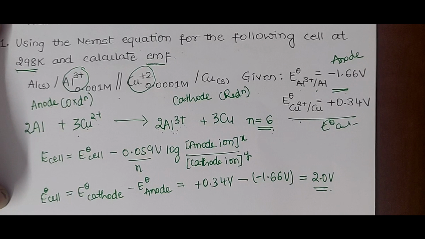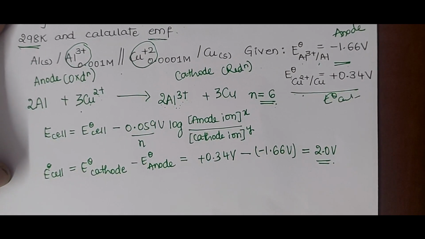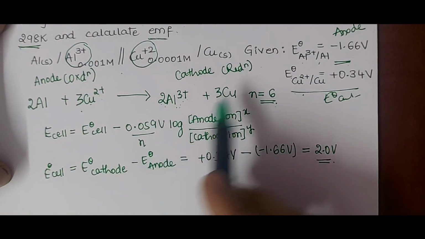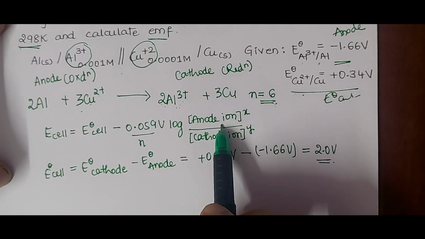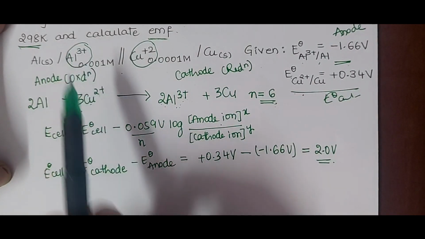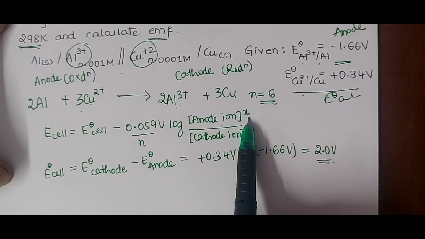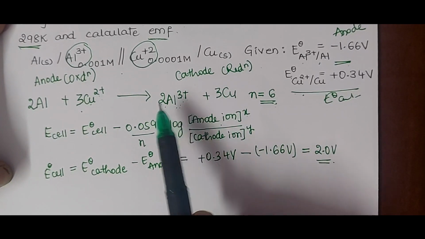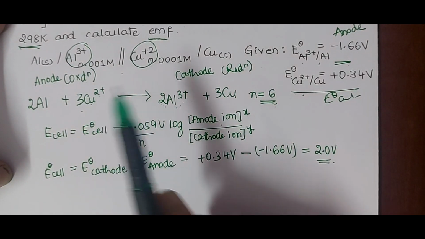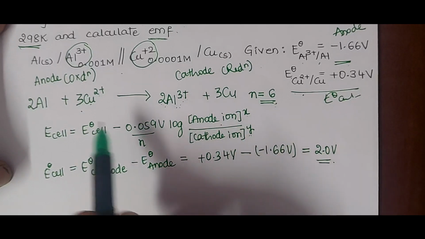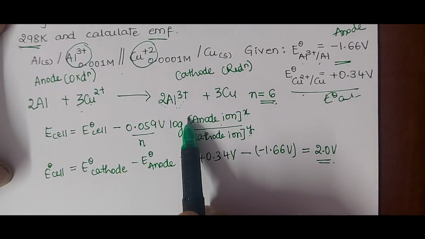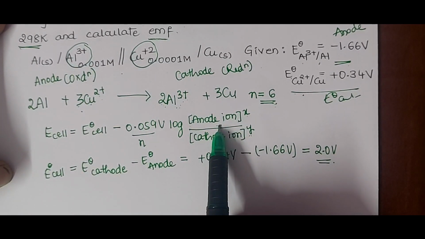Now next we will go with the next term. E naught cell we have calculated, and n we have already calculated as 6. Anode ion we know is Al3+. X value, how many moles of anode ion are there? 2 moles. Cathode ion is Cu2+, how many moles are there? Y is equal to 3. Now the concentration of the anode ion is given in the question.